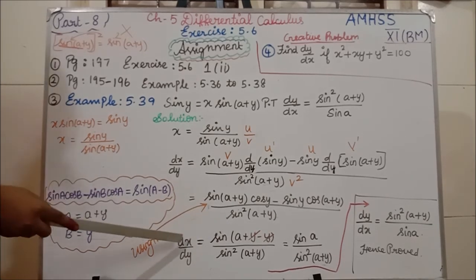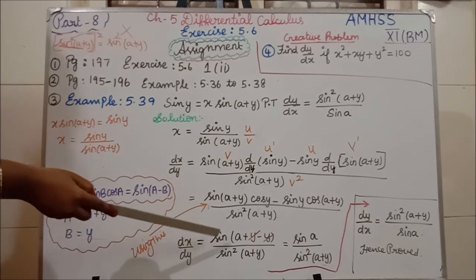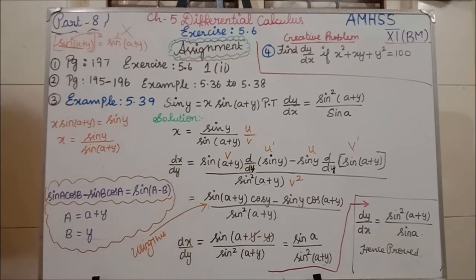The next step, dx by dy equals. How did the step come? In the 4th chapter, trigonometry, you are having one formula: sin a cos b minus, if you see, this b has come to sin and a has gone to cos. So sin b cos a equals sin a minus b. You are having one formula. I will explain deeply in trigonometric chapter 4.